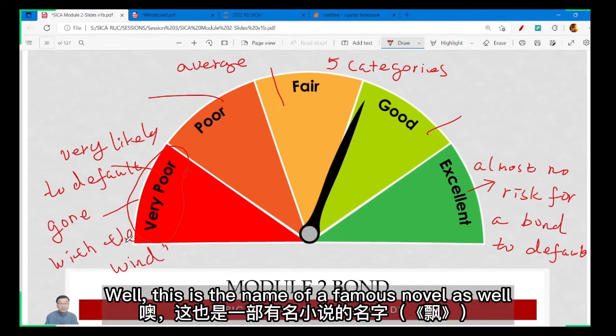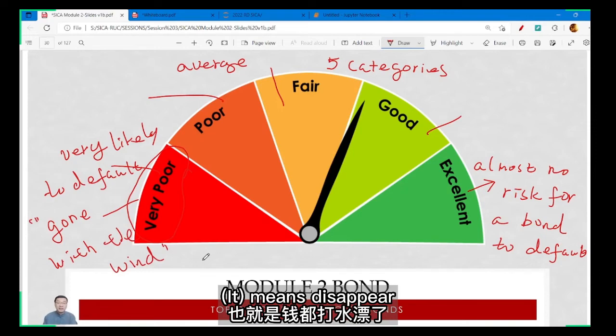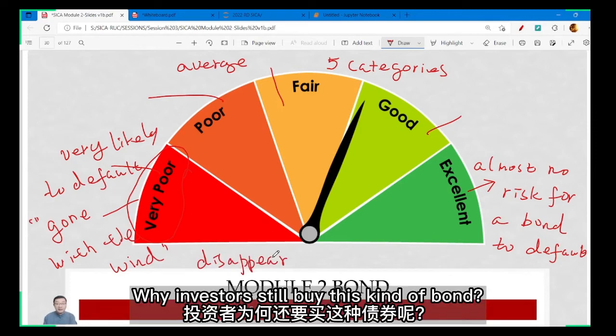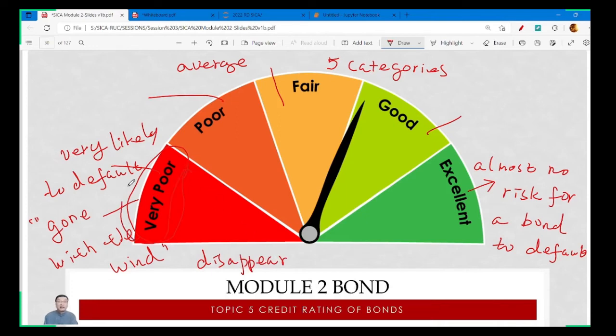Well, this is the name of a famous novel as well. Gone with the wind means disappeared. Why do investors still buy this kind of bond? Why?